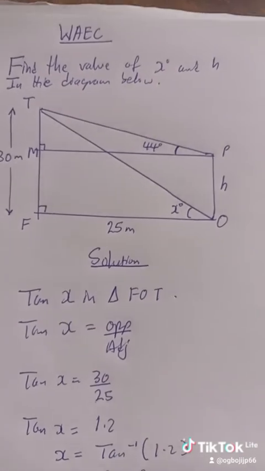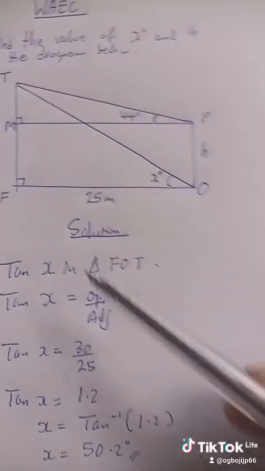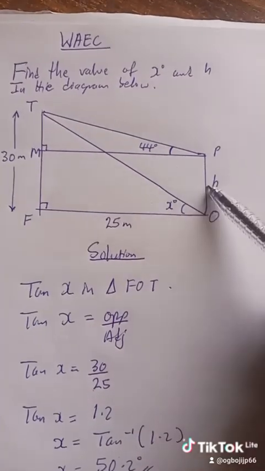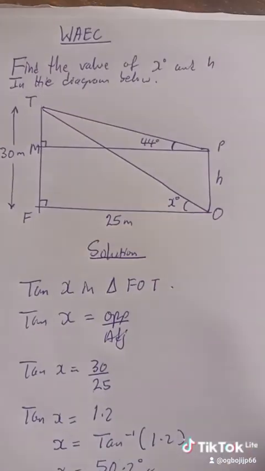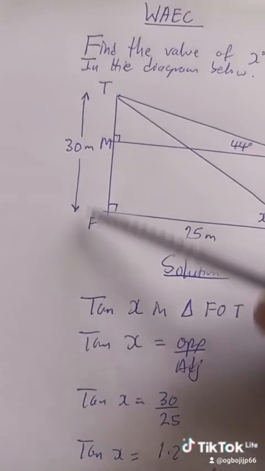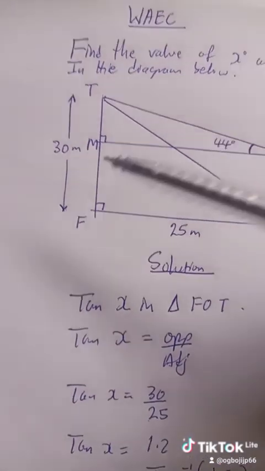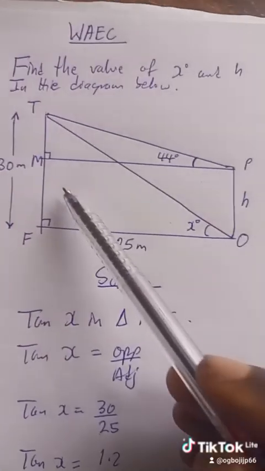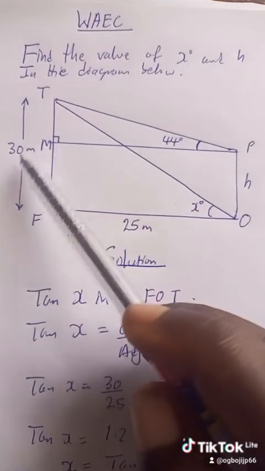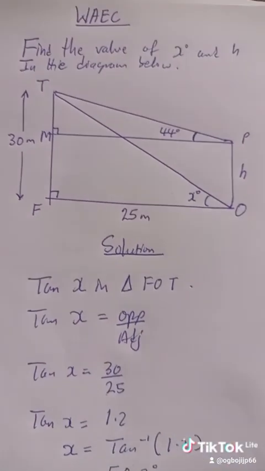One of the properties of a rectangle is that opposite sides are equal. So if this place is 25, this place is also 25. If this place is h, this place is also h. Since the overall height is 30 meters, what we need to do is to take a look at triangle MPT, calculate this place and subtract it from 30. That will give us the value of h.